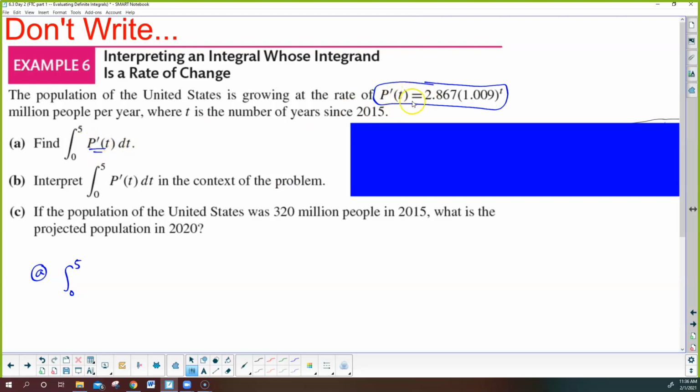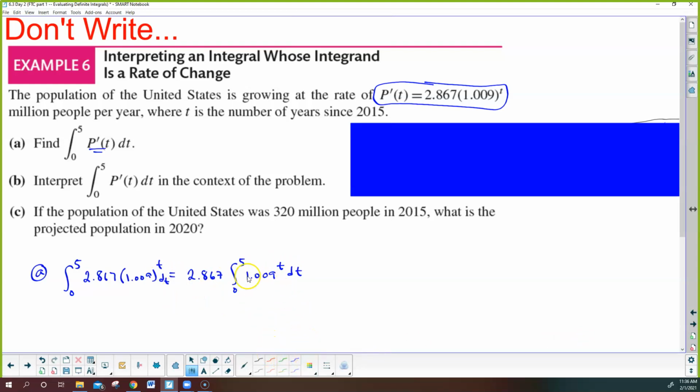So P prime is equal to this equation. I'm going to introduce a property today that we're going to talk about on Thursday, Friday. But see this constant, the multiplier? That's not going to change anything. So what you could do is pull that multiplier out and then evaluate the integral by itself with respect to time. So this should have a dt.